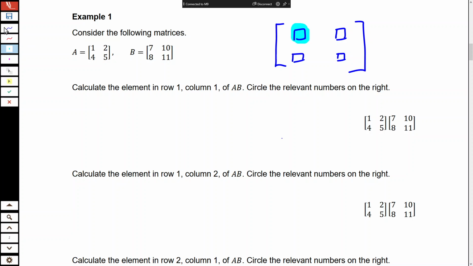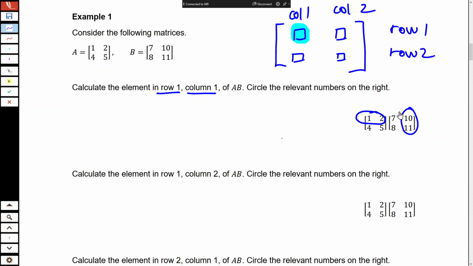So this is the number in row 1, column 1. So the way we do this is we use row 1 in the first matrix. So I encourage you to circle that on your sheet. Row 1 in the first matrix and column 1 in the second matrix.